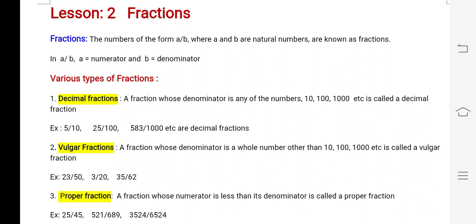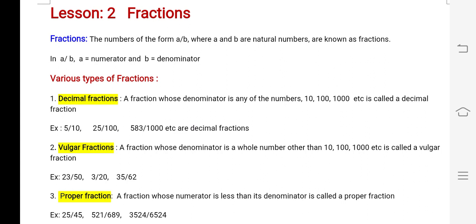They are called decimal fractions because of the denominators. The second type is vulgar fractions. A fraction whose denominator is a whole number other than 10, 100, 1000, etc., is called a vulgar fraction.